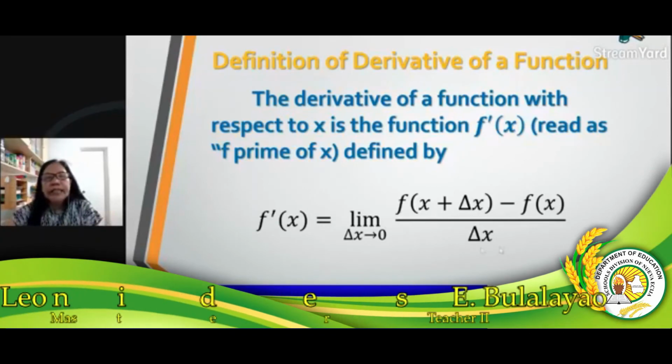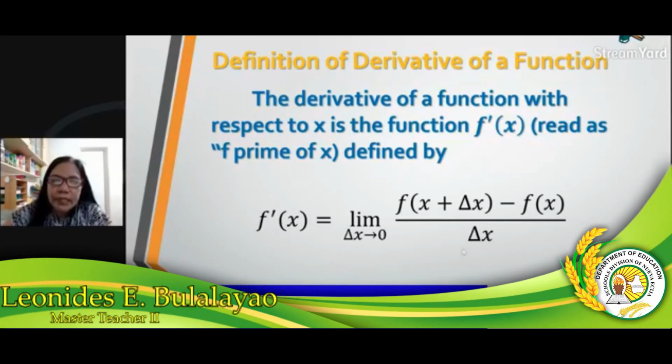So if you are getting the slope of the tangent line to the curve, you are also getting the derivative of the function with respect to x.